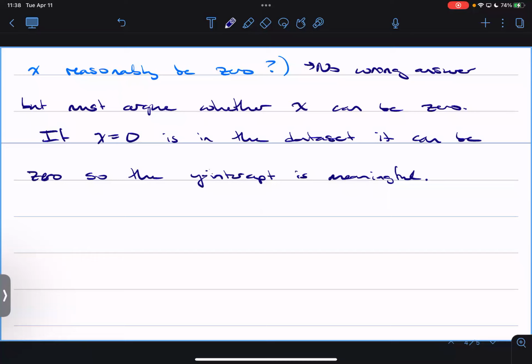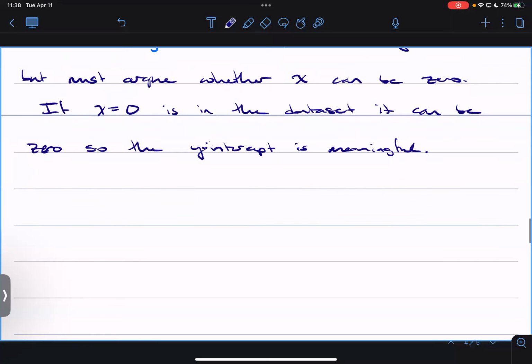So it's going to cross the y-axis at some point, and it's only meaningful if it's part of the data set. If it crosses way out on the x-axis, then it's not meaningful. It's just what the prediction is when x is 0, but it doesn't mean anything. Does that make sense?